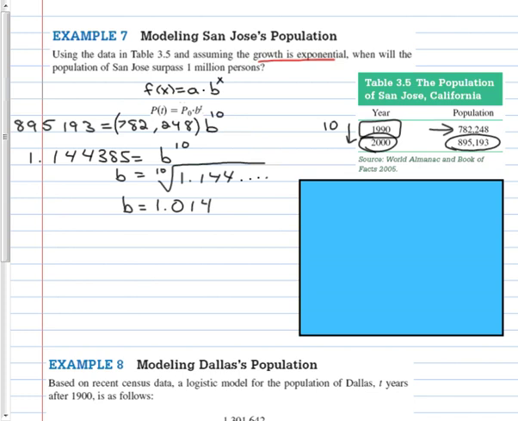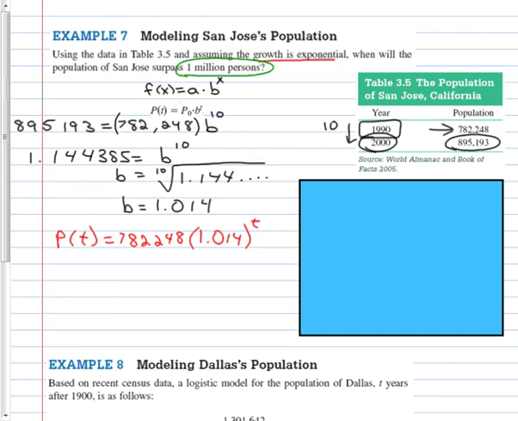So now I have an equation. The population at any point in time, if we continue exponentially, should be 782,248 times 1.014 raised to the t power. If I go exponentially, this is the rate that San Jose is going on. Now they wanted to know, when are we going to hit 1 million people?